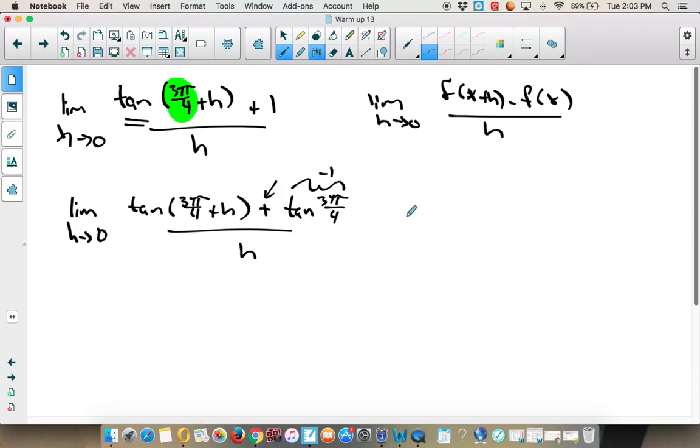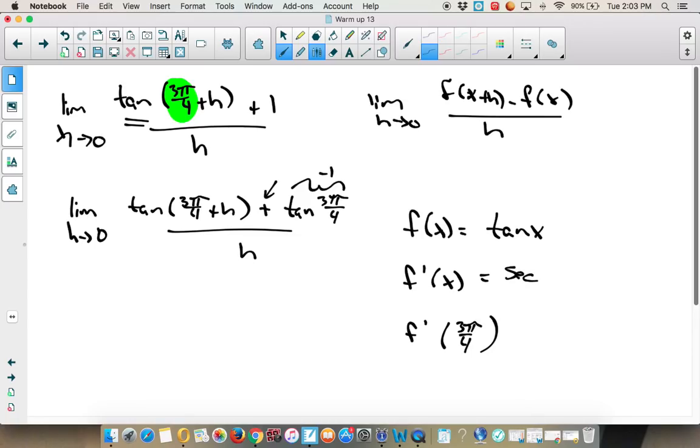So really what I'm saying is my function is tan x, and I want the derivative of that function at the value of 3 pi over 4. The derivative of tangent x is secant squared x, which is 1 over cosine squared x.